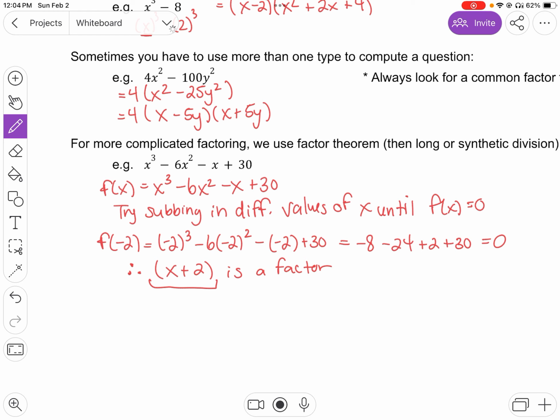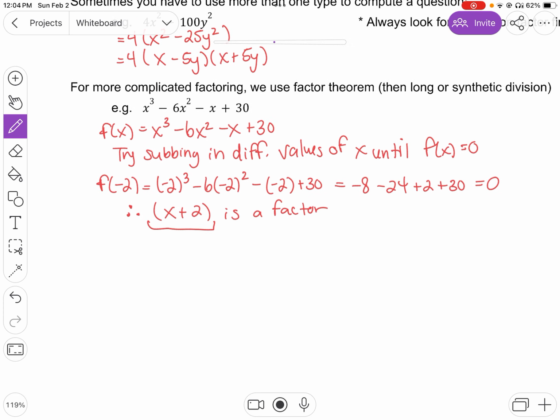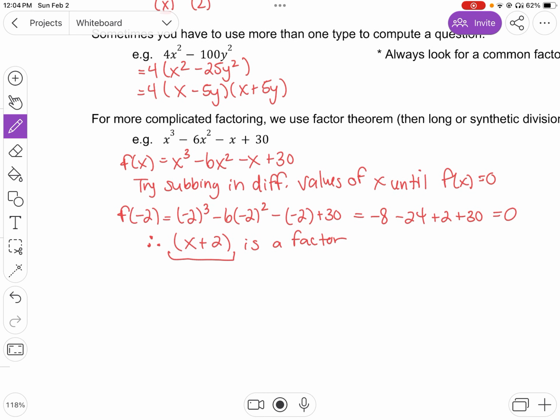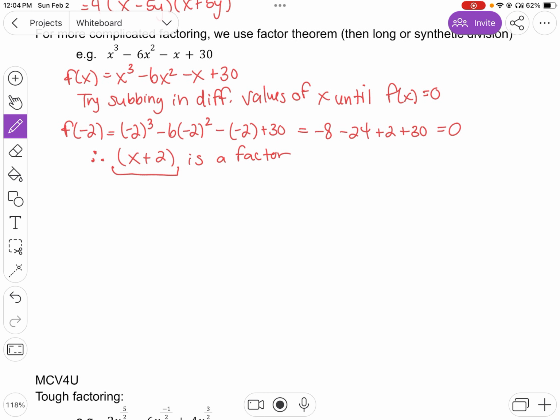So once we know one of them, that's when we can do long division or synthetic division. So you can choose which one you like best or which one you remember the most. And go from there. For today, I'm going to use synthetic division. So we're going to put the number that we know does make it 0 out here to the left.